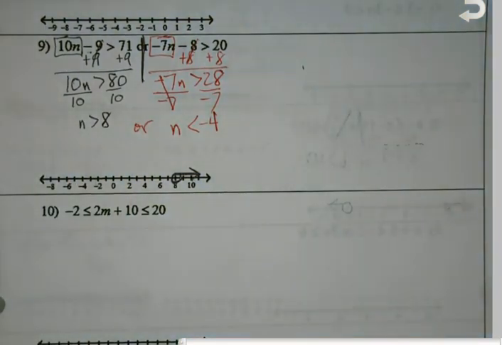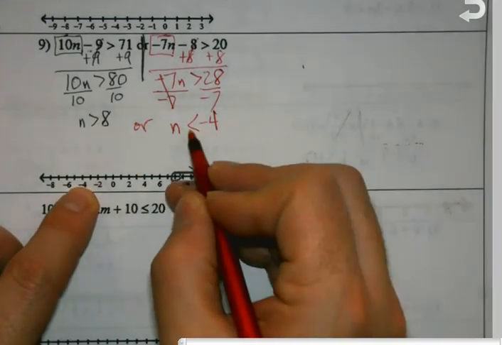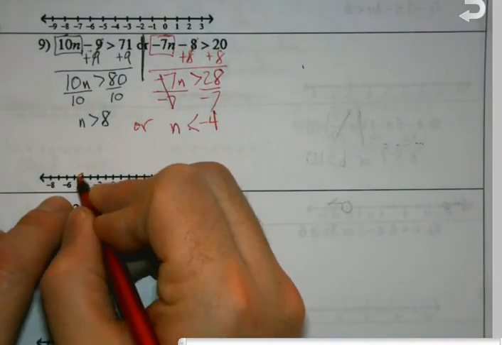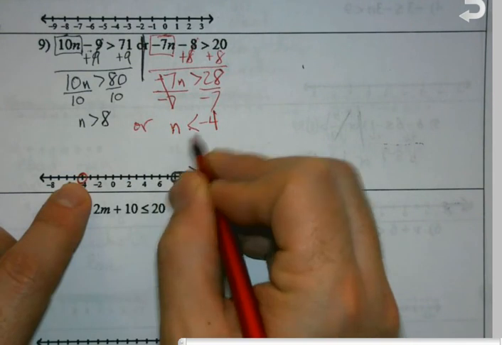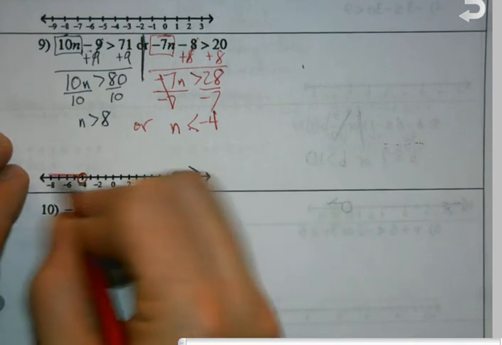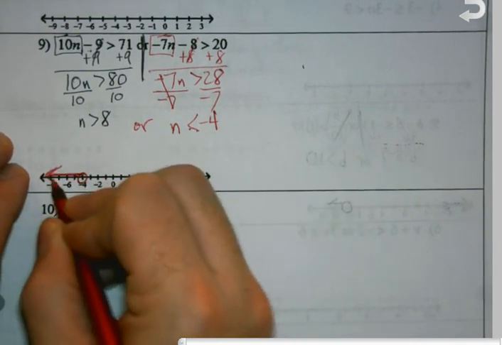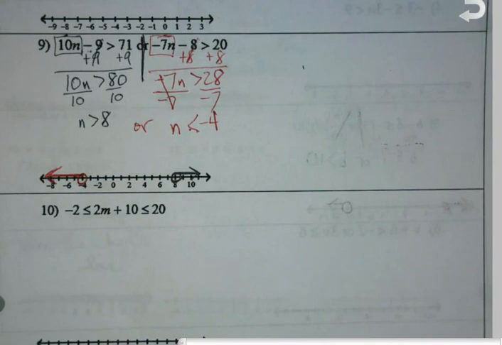I look at it and I go, okay, so negative 4, let's see, it's open, because it's not or equal to. There's less than, which goes left. That seems pretty normal. I send that out that way. Darn.